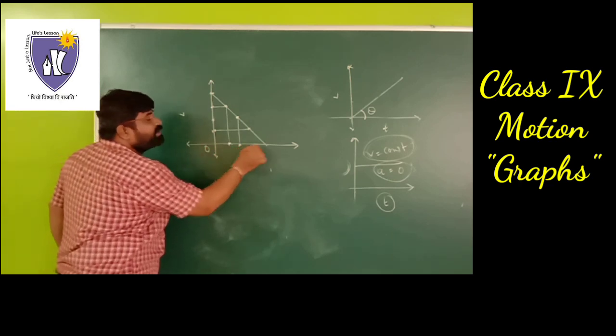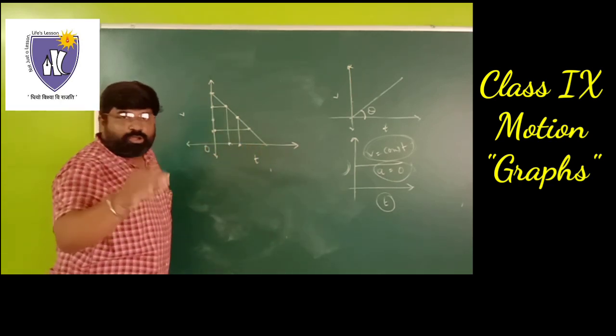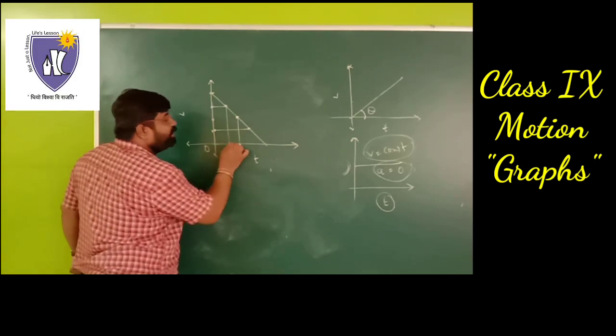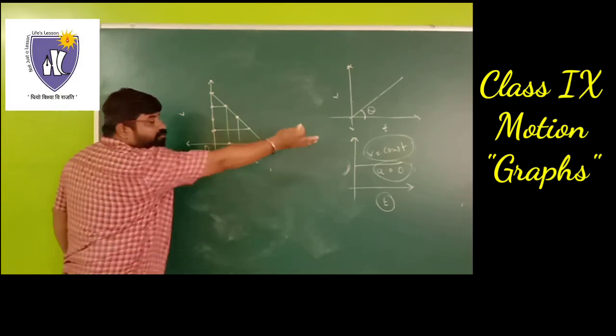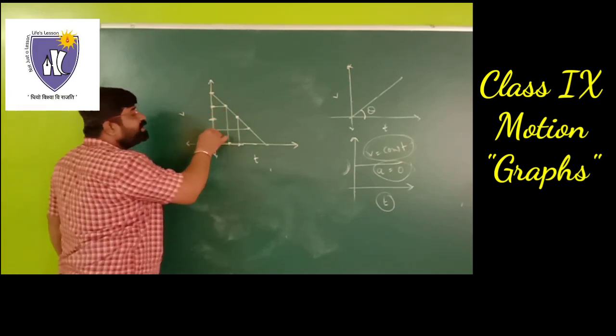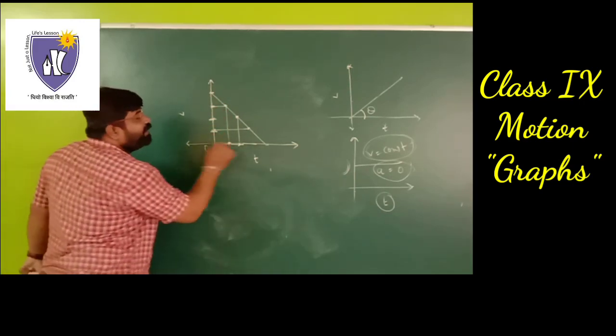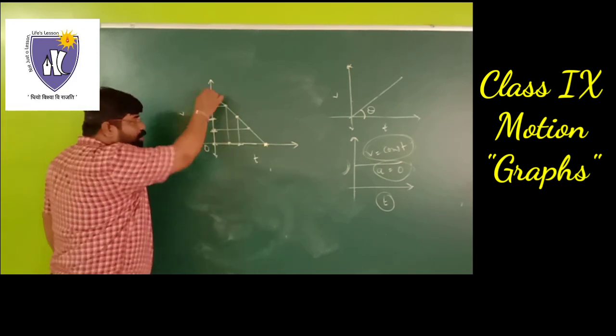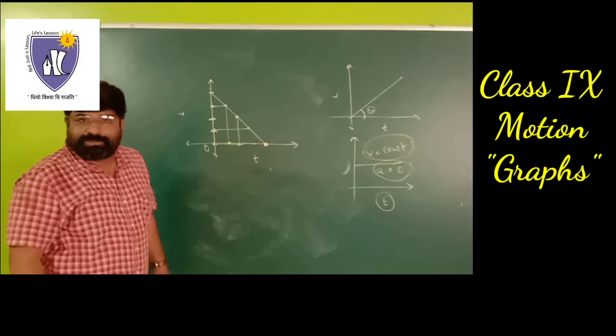See, time will increase, because time is not constant. It will change and move forward. But here we see the speed is decreasing, and finally at this point the object comes to rest.